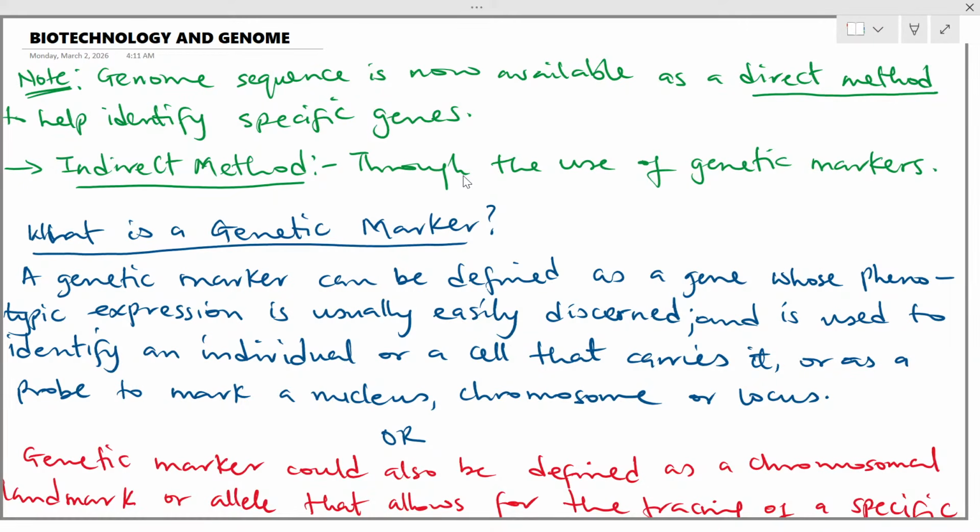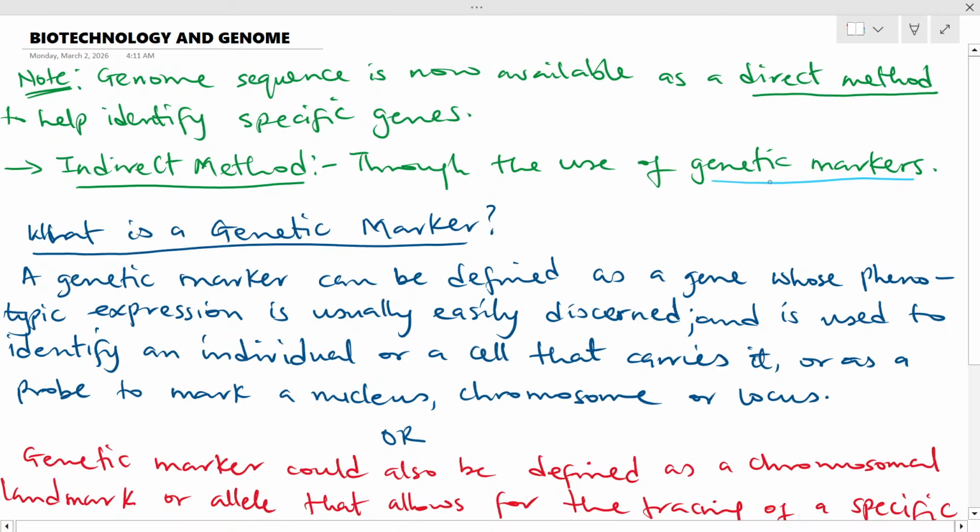You can identify genes either by a direct method, or by an indirect method. The indirect method is actually through the use of genetic markers. Very key: through the use of genetic markers. Most times, in the research process, we use this indirect method.